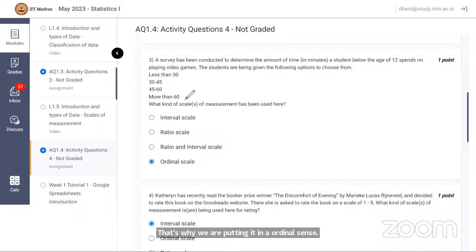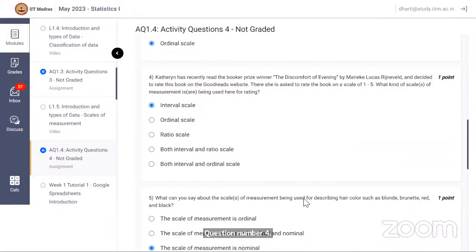Okay, thank you, ma'am. In question number 4, the rating should be an ordinal scale, not an interval scale. For rating, it depends on how the thing is formed. Rating can be interval, sometimes ordinal, sometimes ratio also.